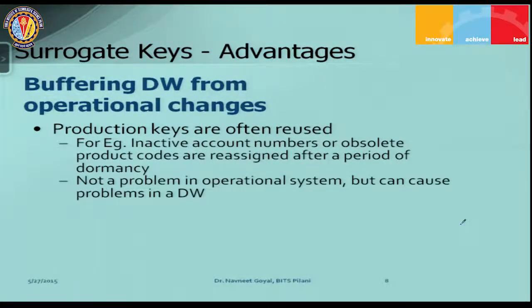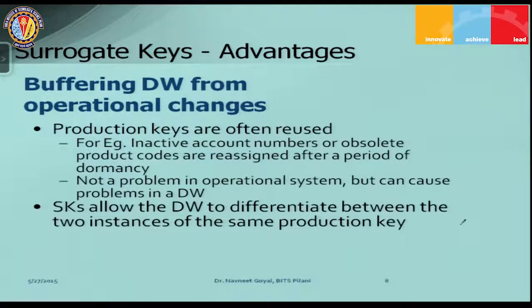These situations are common in many industries or verticals. You can also look at telecom: there is this concept of prepaid numbers. If your number is inactive for a period of time, it is assigned to somebody else. This is not a problem in operational systems, but it can cause problems in a data warehouse environment.